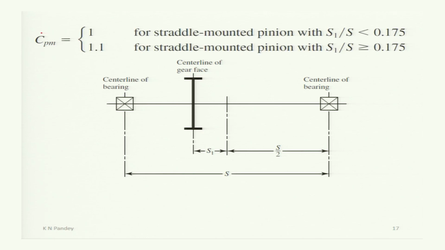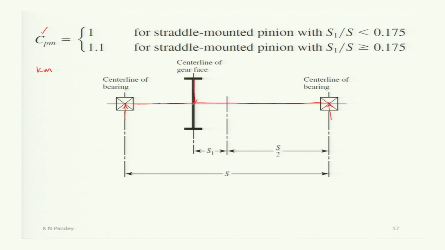Now, the other factor Cpm of the Km is equal to 1 or 1.1 depending on whether it is straddle mounted. Straddle mounted means the shaft is supported like a simply supported beam. Here is the simply supported beam and the gear is mounted here.